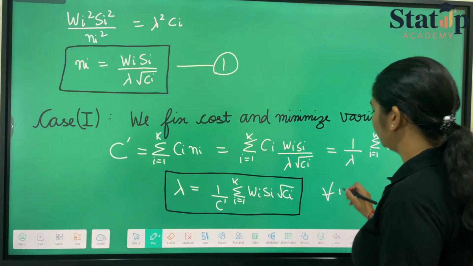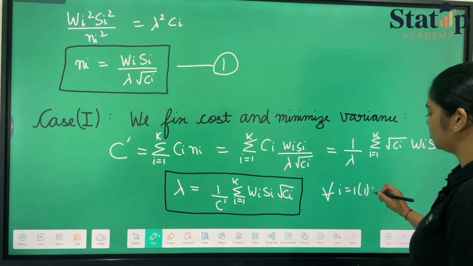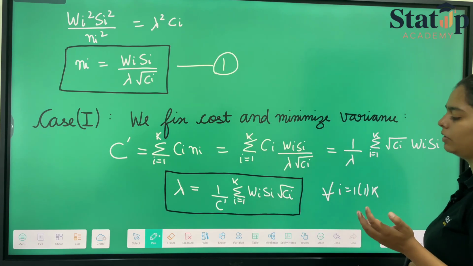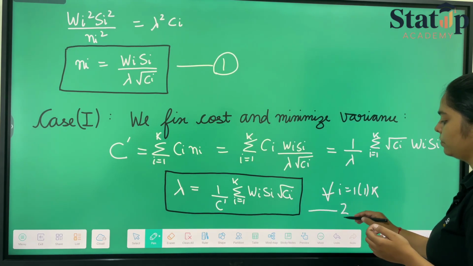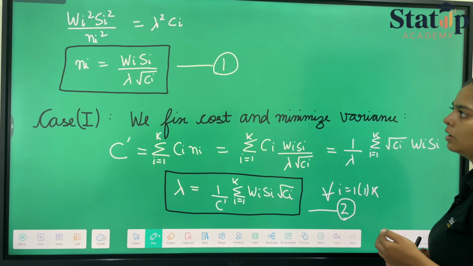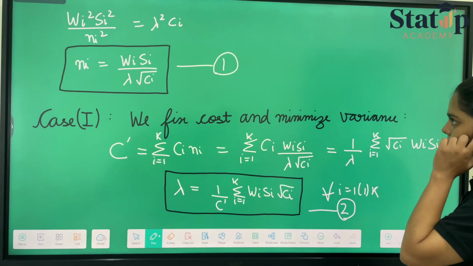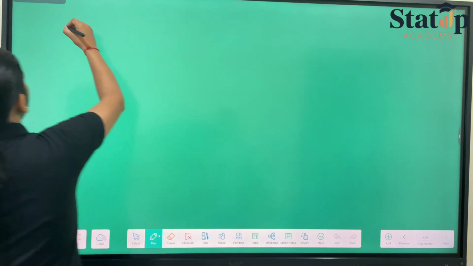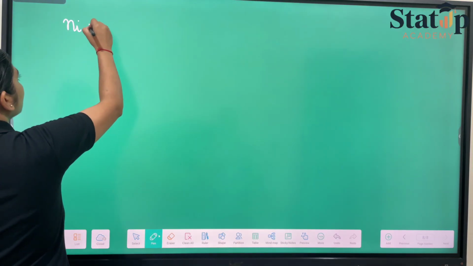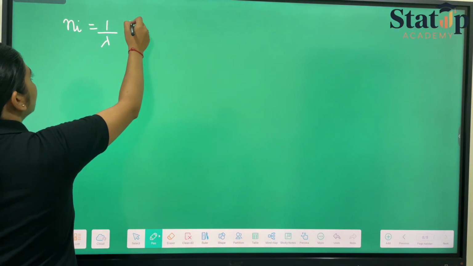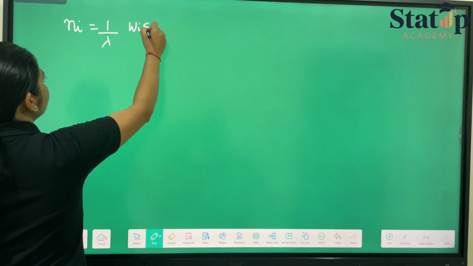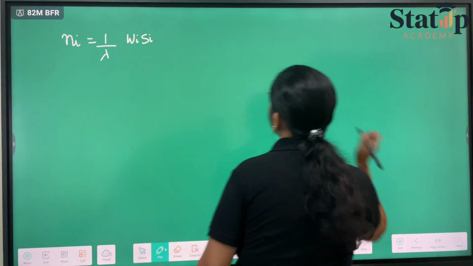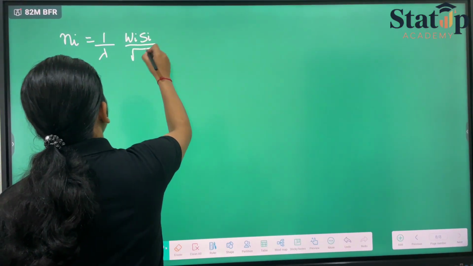for all i goes from 1 to small k. Now we'll replace this lambda in equation 1. Let it be equation number 2. We'll replace lambda in equation number 1 and we'll get our value of Ni. So Ni is 1 upon lambda Wi Si upon under root Ci.